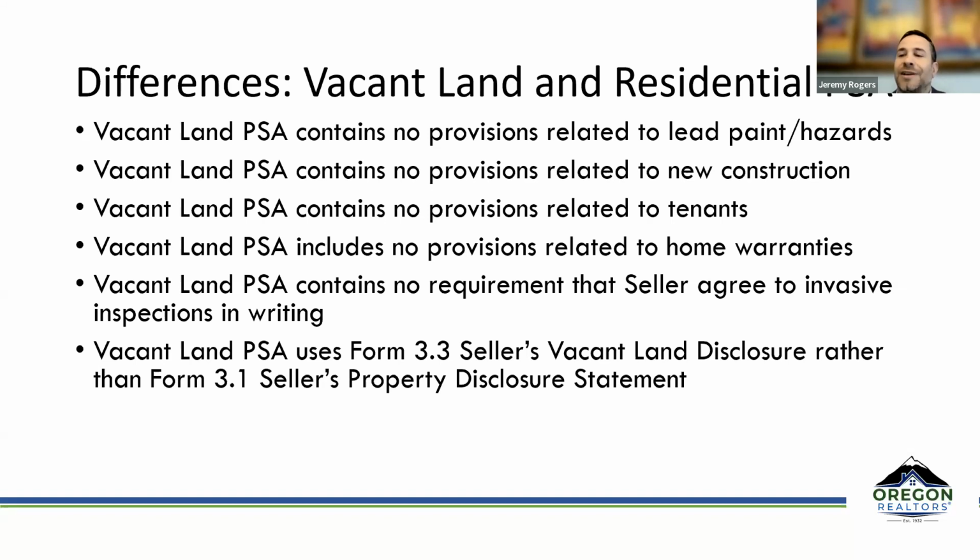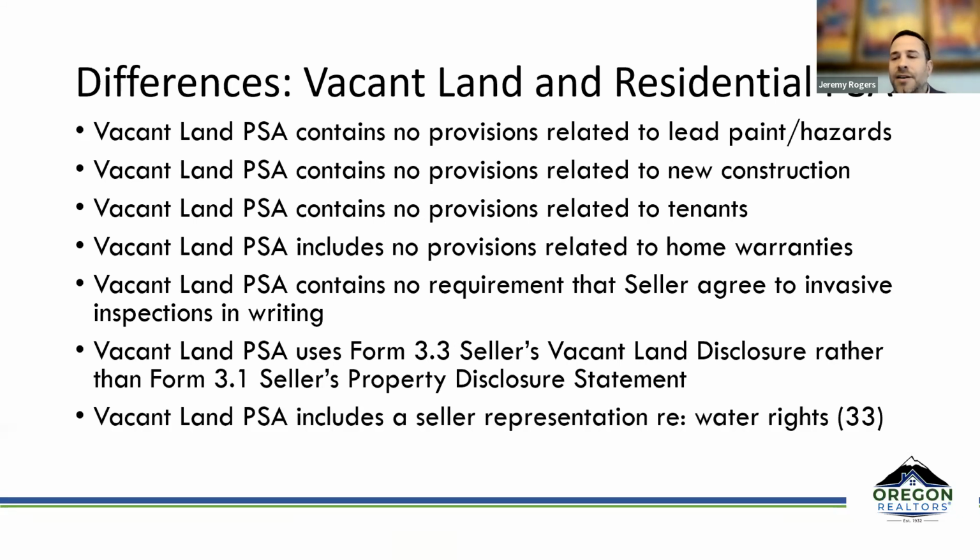But fortunately, we've created the Form 3.3 as a way of making those disclosures, and we did so in a way that's much more specific to vacant land issues. We'll go through that later today, but I think you'll like that document as compared to the 3.1 seller property disclosure statement, for all the particulars we put in there that are more relevant in the vacant land context.